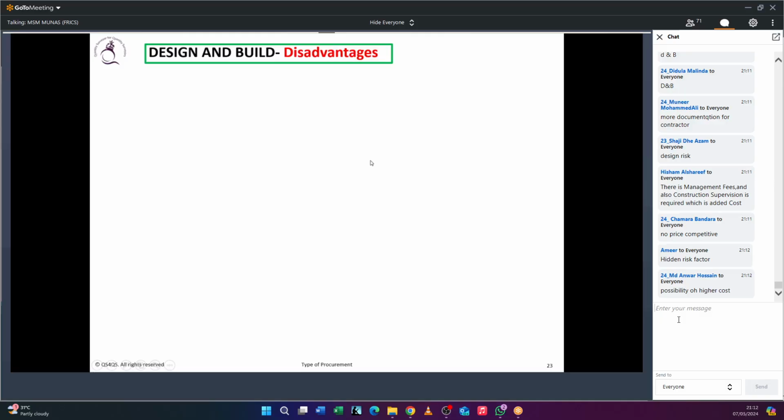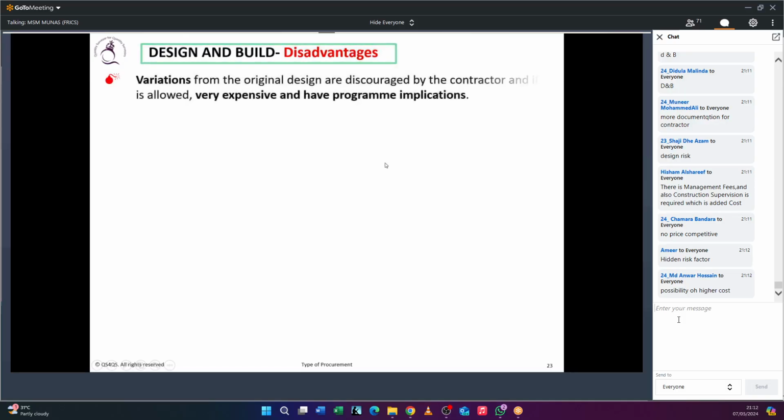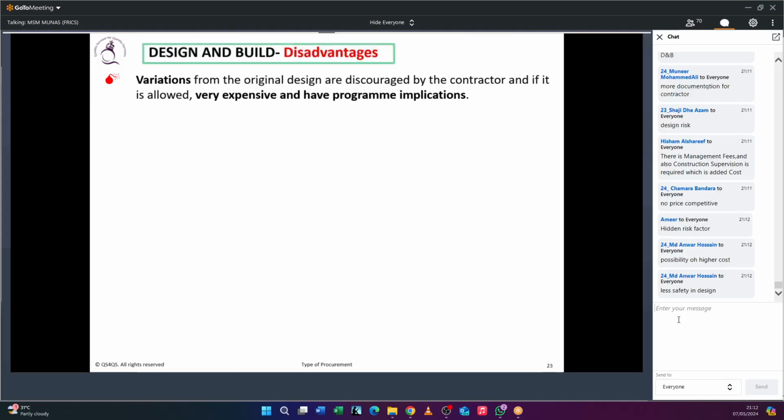There will be a competition. Okay, but the thing is, your employer requirement must be perfect. If your employer requirements keep changing, that is treated as a variation.